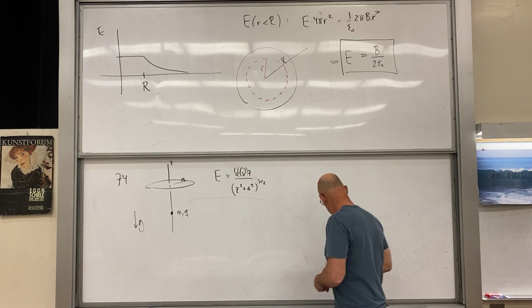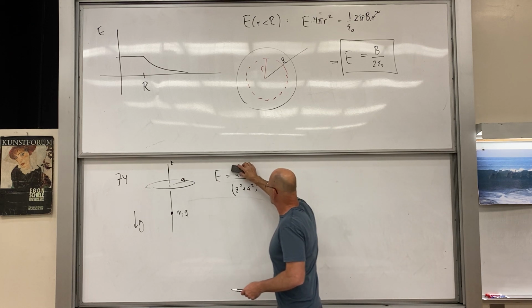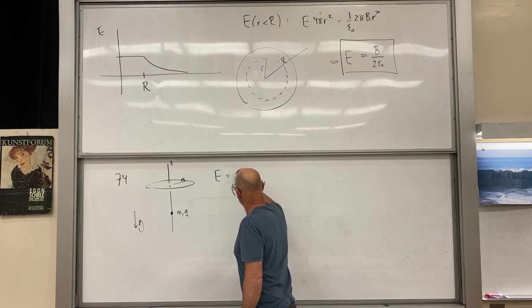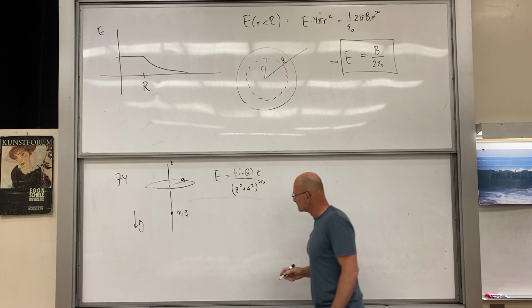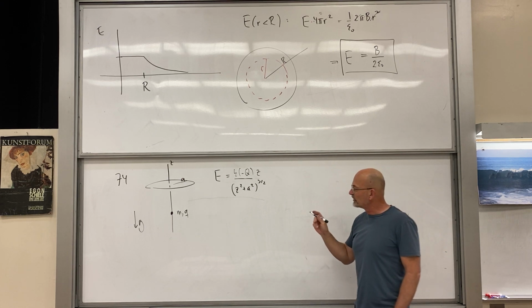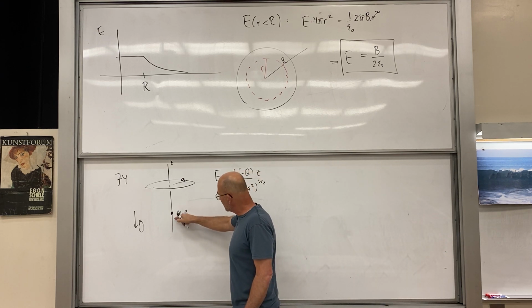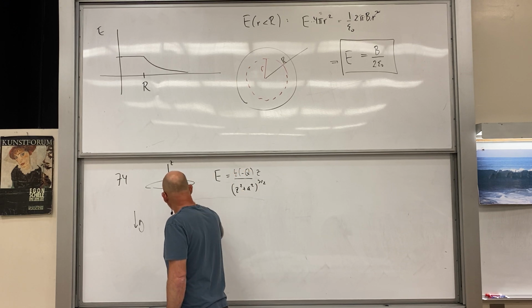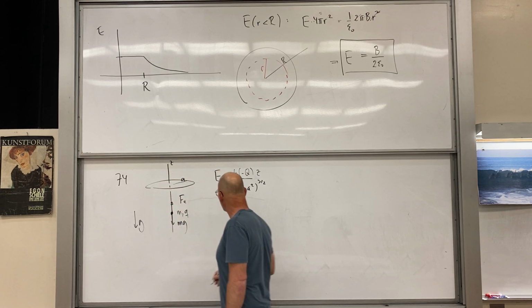Let's make that a little neater. So K, negative Q, Z. So the force, if you have a positive charge here, is going to be attractive. There's going to be an electrical force and an mg pulling down.